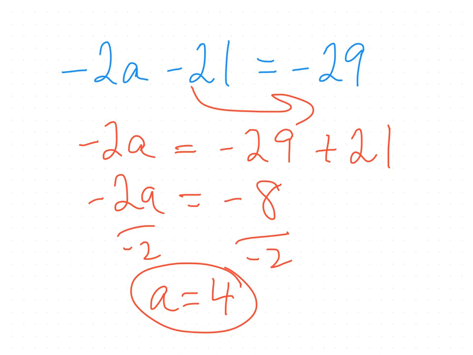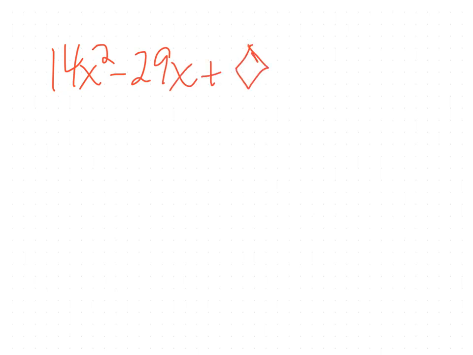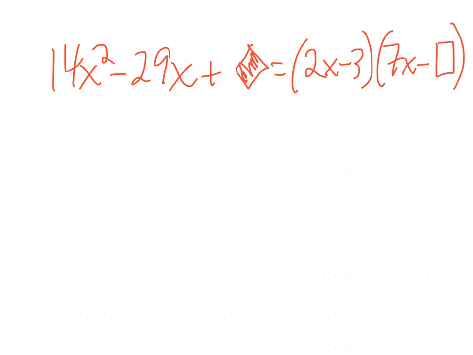So let's look back at the big picture. And let's put this on a new page. 14x squared minus 29x plus this diamond, which we still need to calculate, equals factored form 2x minus 3 brackets 7x minus the missing value of a that we just determined.